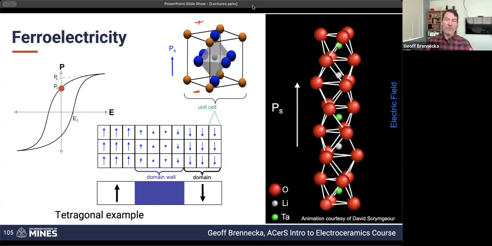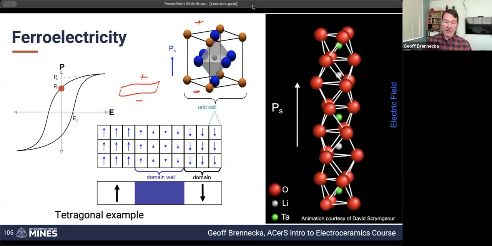But at some point, you build up enough of these across your entire sample. If all of these are the same, then you end up with a macroscopic electric field. Remember when we first started talking about this, separating positive and negative charges, which is the definition of polarization, brings with it an electric field.